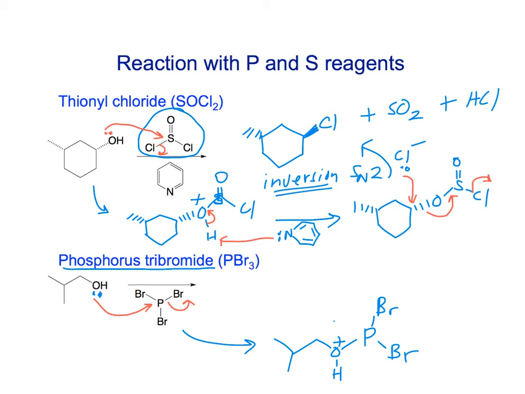And now here, just in one more step, the bromide that was kicked off again just does an SN2 substitution to give us our product.